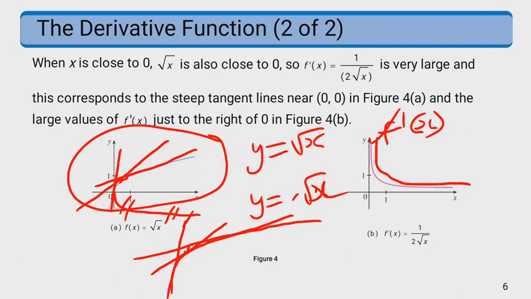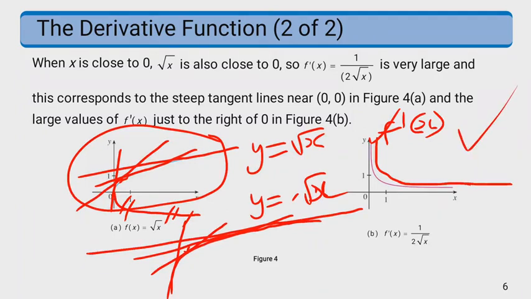You draw another one somewhere here, and the slope flattens further. So you are getting closer and closer to 0 as the values of x get larger and larger. That's how you get the graph of f prime of x, given the graph of f of x.